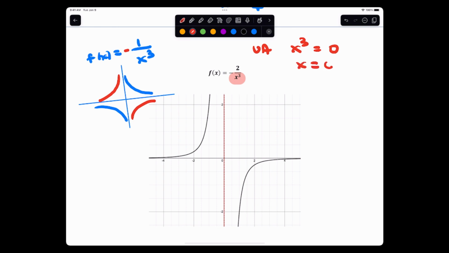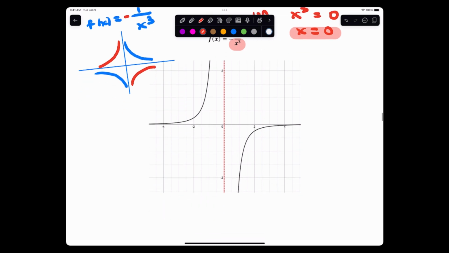You solve for x, and there is where your x is 0.